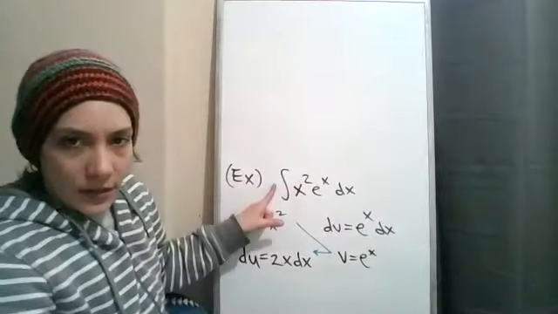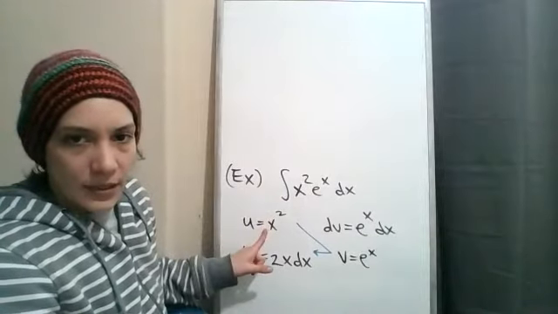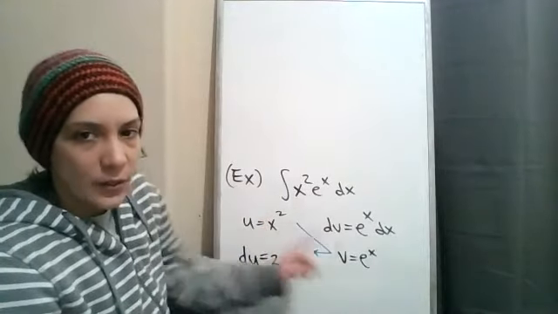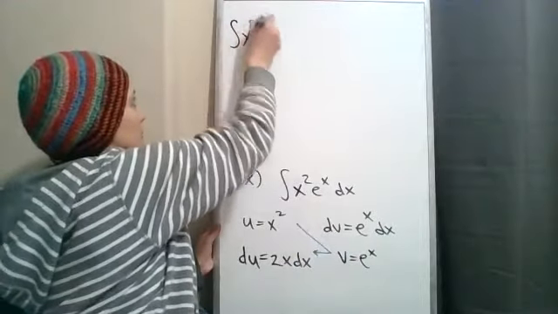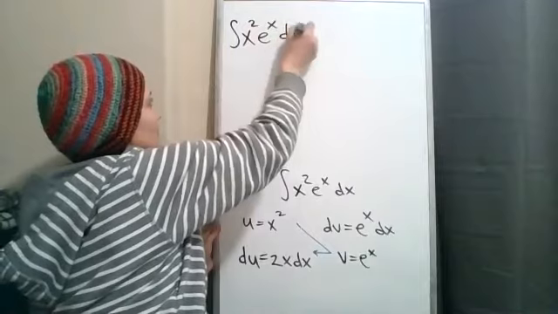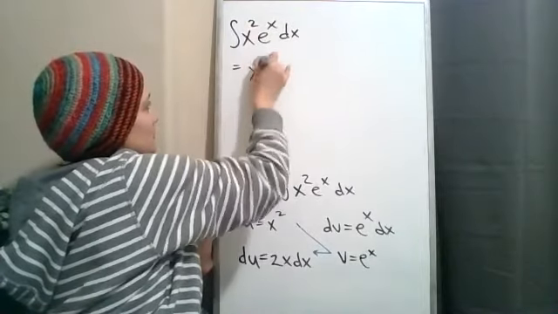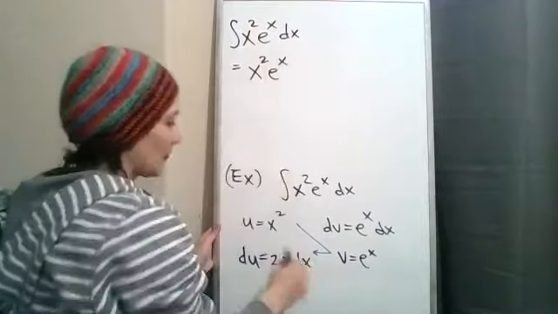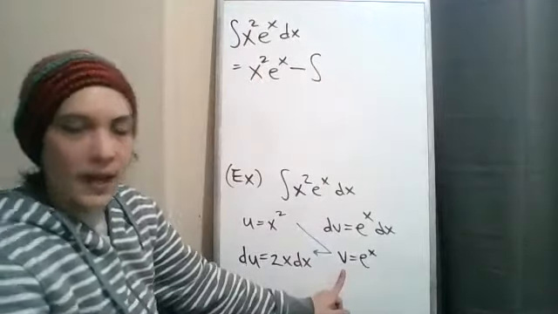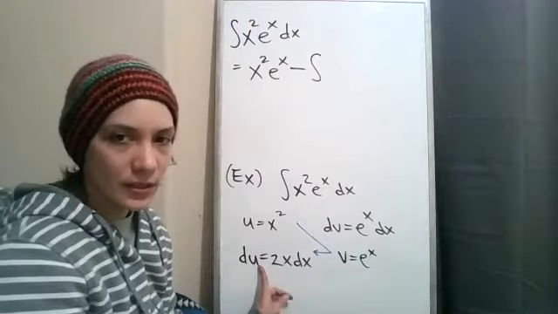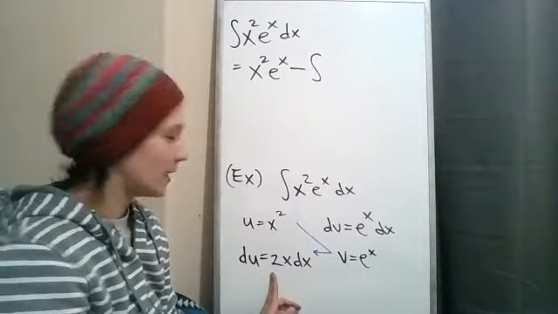All right, our integral is equal to u times v, so x squared times e to the x, and then subtract the integral of v du, so e to the x times 2x dx.